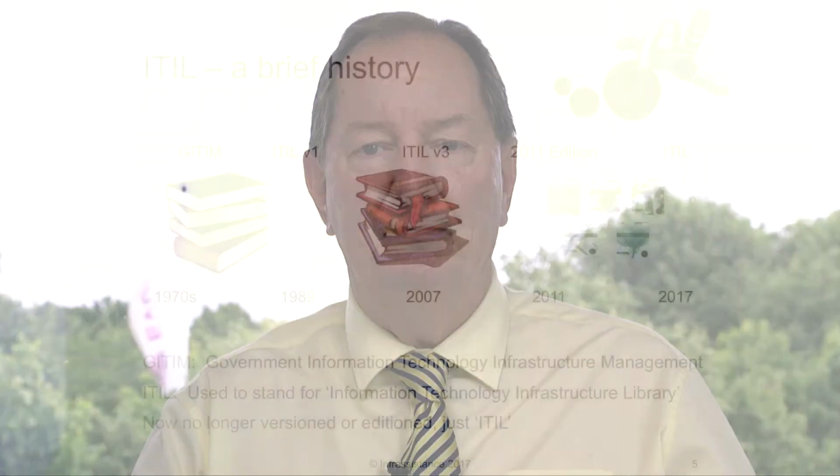Therefore, they'll log it and assign it to what's referred to as a second line resolver group, who will then undertake further analysis, and if they can't fix it, assign it to a third line or potentially third party resolver team. So in essence each process is undertaken by one or more functions, and each function undertakes one or more processes. So it's a many-to-many relationship.